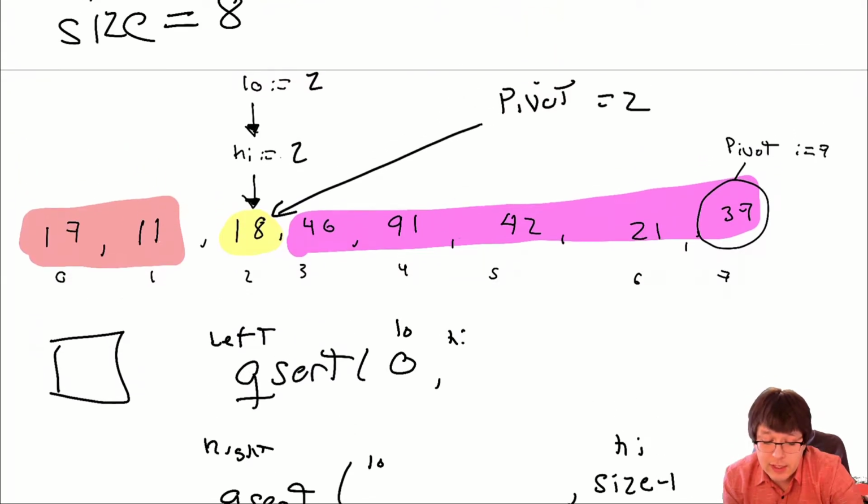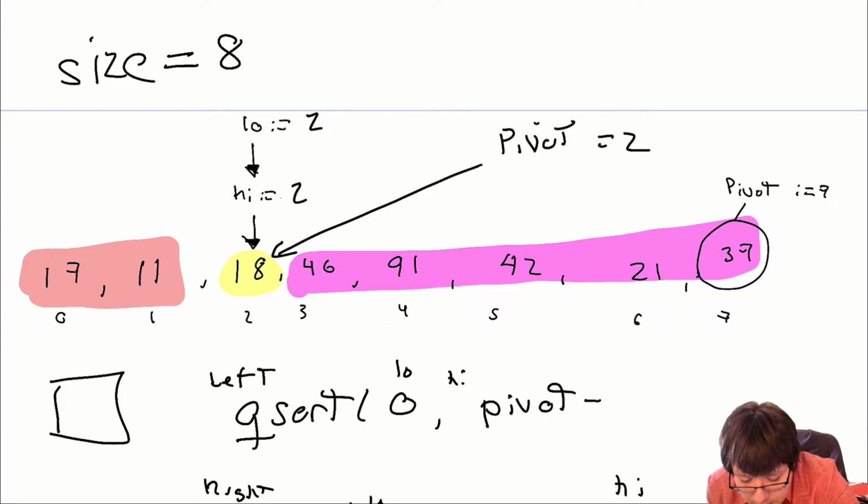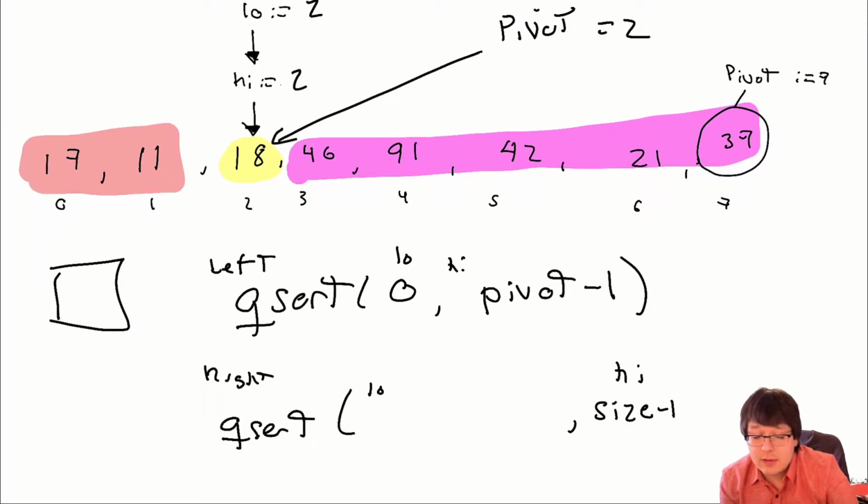For example, on the left side, the new partition is the one in red, so you want to pass pivot minus 1. That's why I told you to make sure you remember where the pivot went. Pivot minus 1 is going to be your high over here. On the other hand, for the low here, it's going to be pivot plus 1.